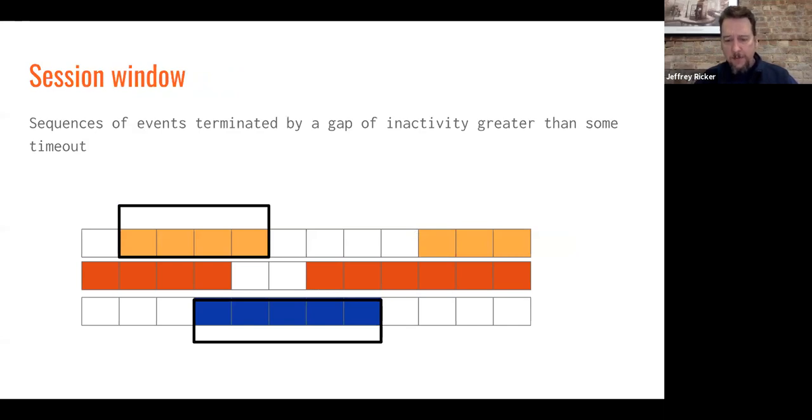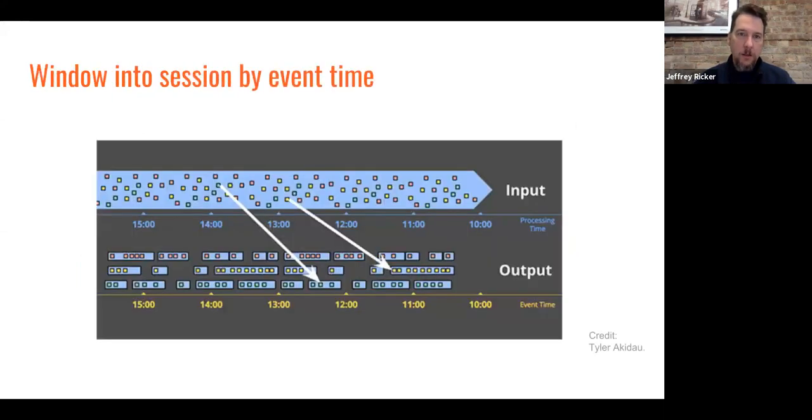You can think of that like activity on a website. A user's activity on a website would fall within a session window that you may want to analyze all together. So here's a diagram of sessioning by event time.